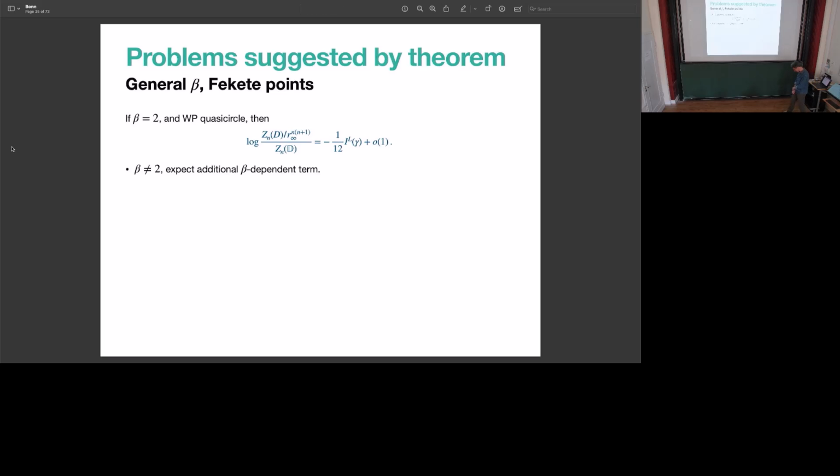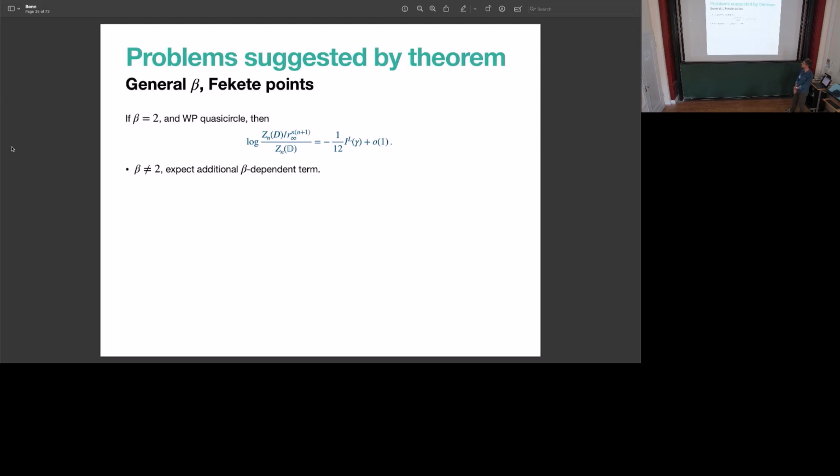Okay, so now with this theorem we understand very well the behavior when beta is equal to 2. We know that the expansion looks like that: we see the Loewner energy plus the little o(1) term. But what happens when beta is different from 2, but still positive?